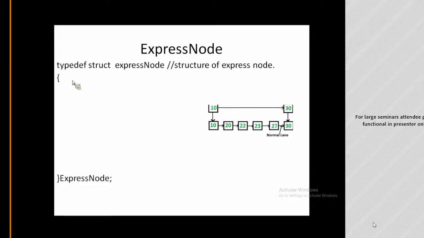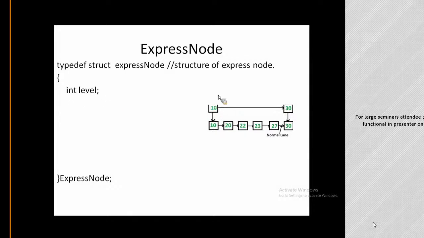So to reduce the statements, we do typedef, so that I reduce the coding. I'm keeping it in the global area so that all the functions can access this express node.